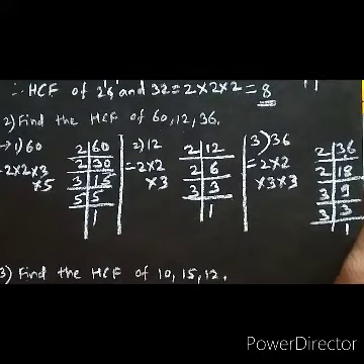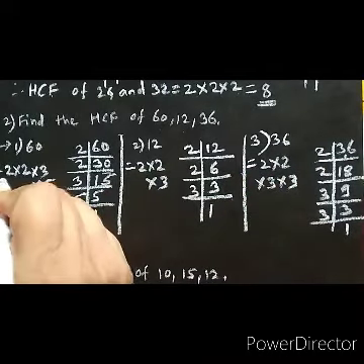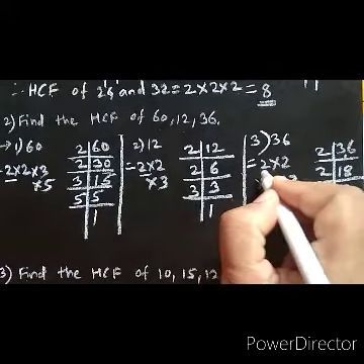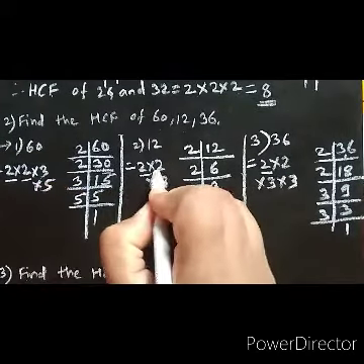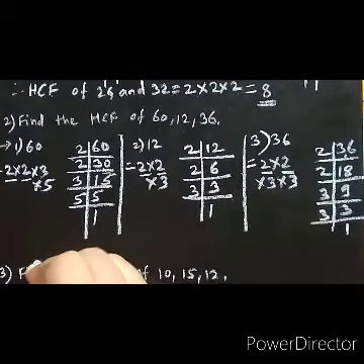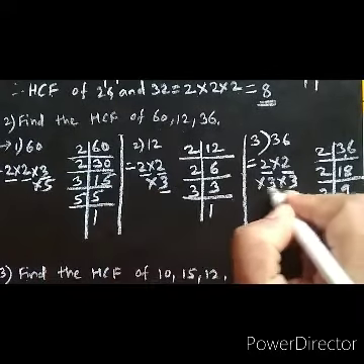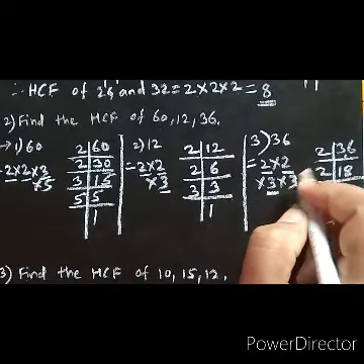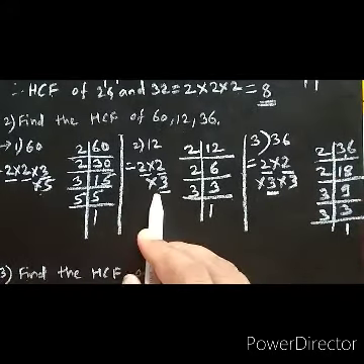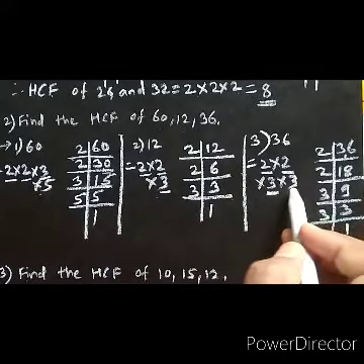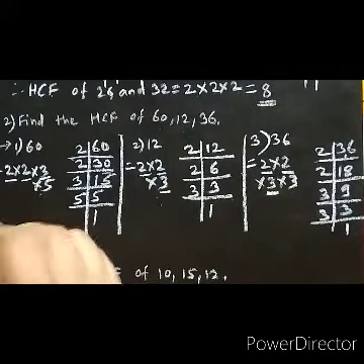Now here we have to find common divisors of these three numbers. So 2 occurs in each number. Similarly again 2 occurs in each number, and even 3 also occurs in 3 numbers. So here 5 is there, see in 12 5 is not there, in 36 5 is not there, again 3 is not there in 60 and 12.